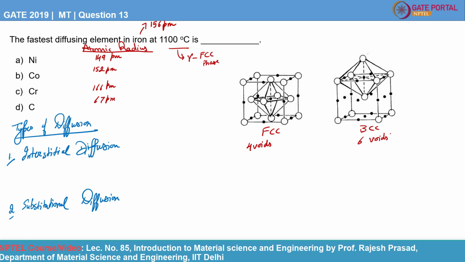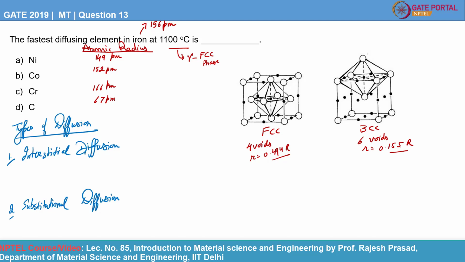But the catch here is that the size of the octahedral void in FCC is larger as compared to the octahedral void of BCC, whose size is around 15% of the atomic radius. So the octahedral void of FCC is larger as compared to BCC.